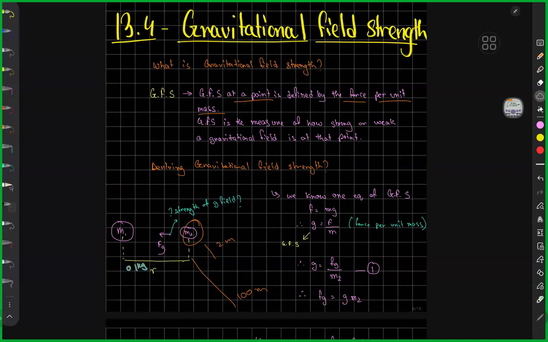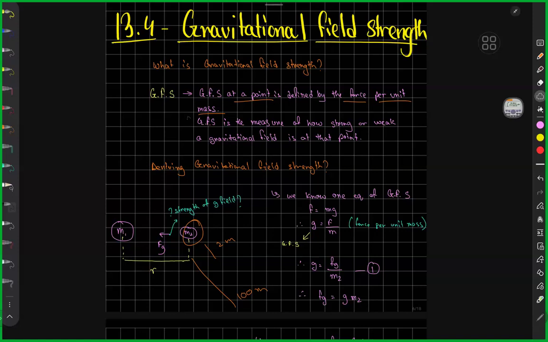If I have 1 kg of mass and I bring it 2 meters near M1, I feel a greater tug. I feel a greater force. And that tells me M1 must have a stronger field. So that analysis of how strong fields are is done by understanding the gravitational field strength, right?